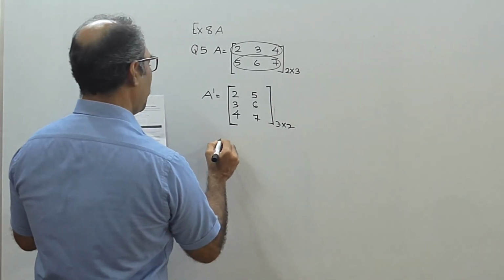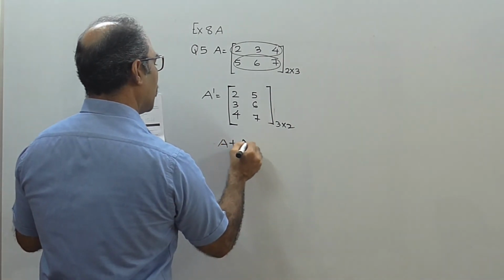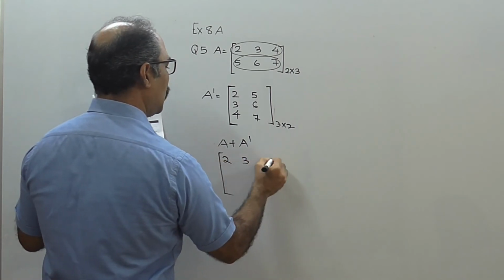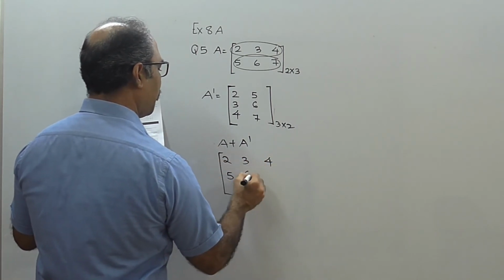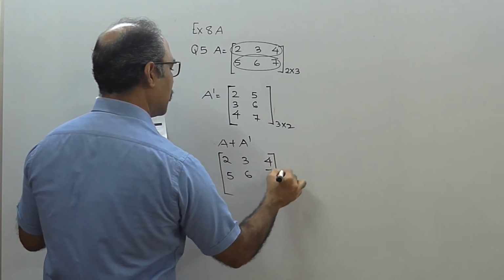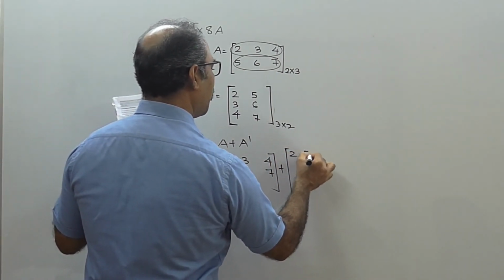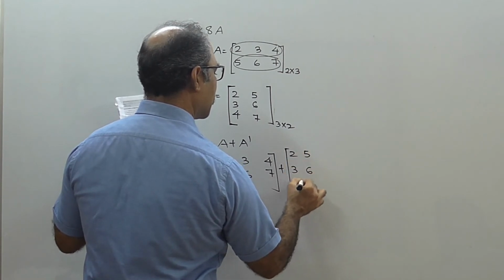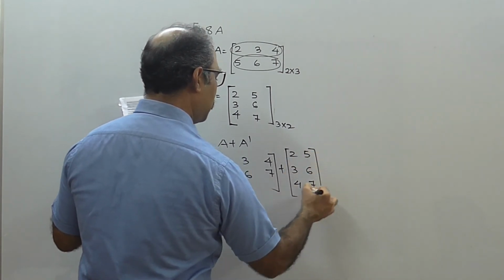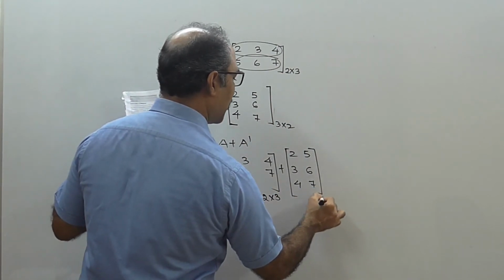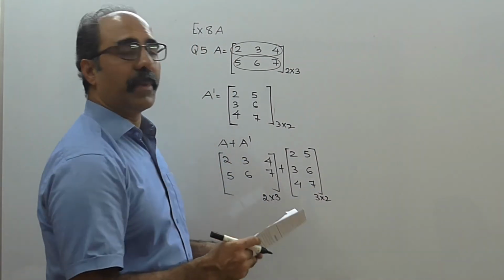Next question is, you have to find A plus A dash. Matrix A is 2, 3, 4, 5, 6, 7, and A dash is 2, 5, 3, 6, 4, 7. This is a matrix of the order 2 by 3. This is a matrix of the order 3 by 2.